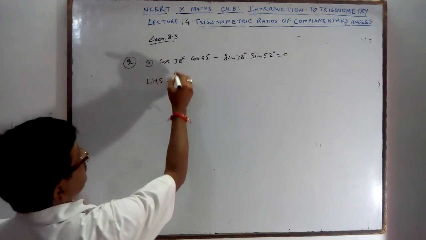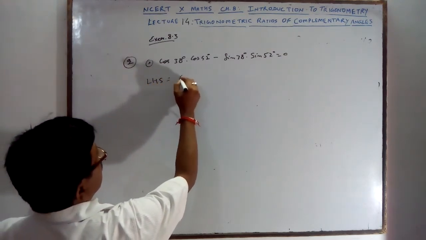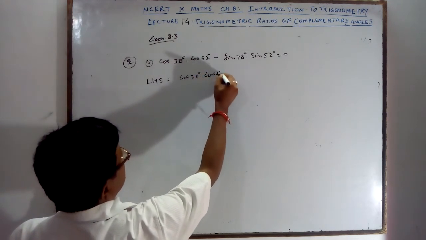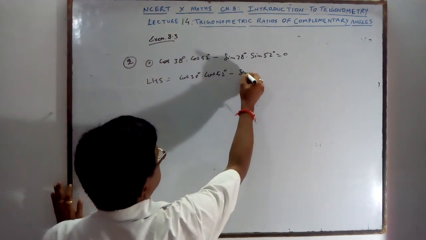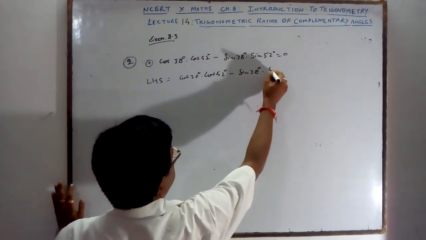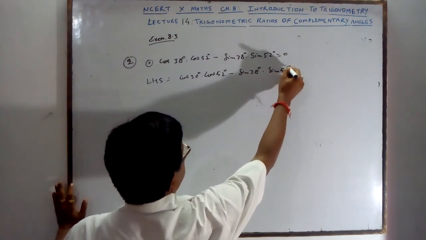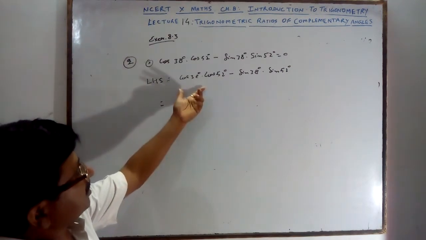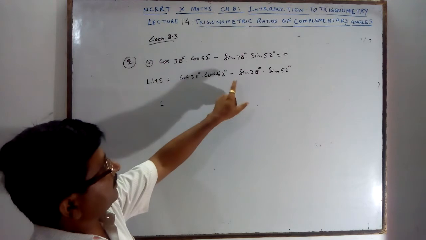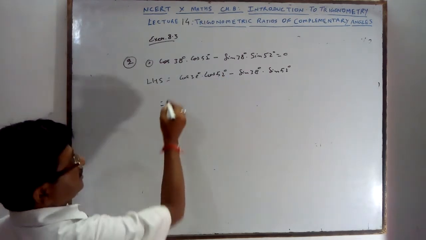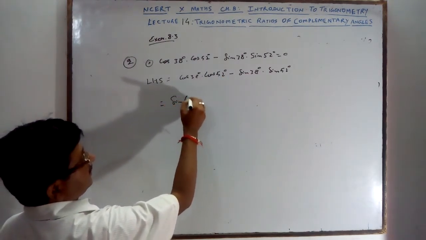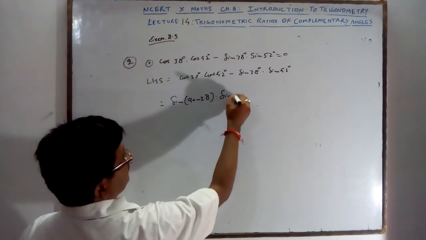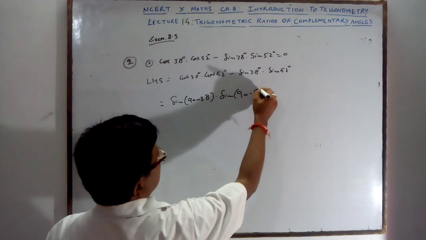LHS is equal to cos 38 degree cos 52 degree minus sin 38 degree sin 52 degree. Both the cos you change, or both the sin, because 38 plus 52 will be 90. So here you can write sin 90 minus 38 into sin 90 minus 52.